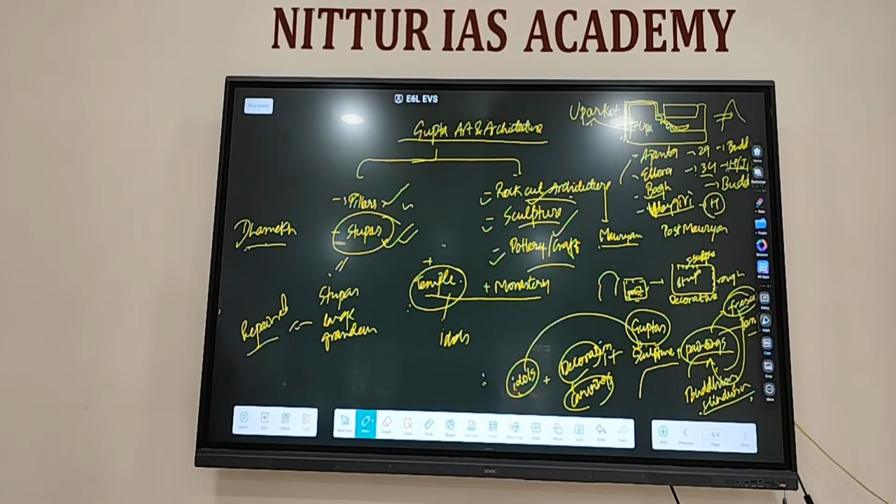This is depicted in cave number 5 of Udayagiri. The other images that are also seen are of Ganesha, Mahishasuramardini, etc.